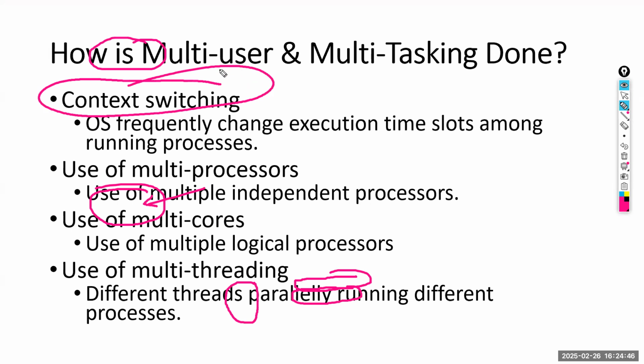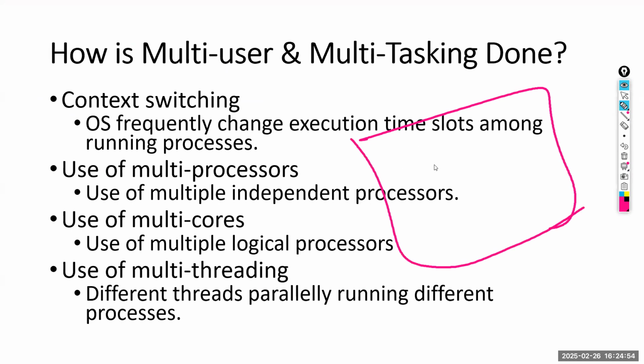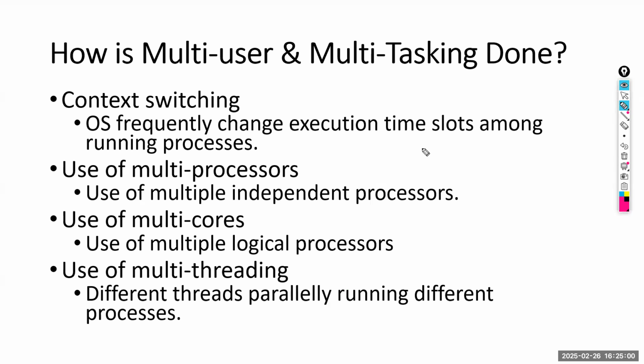So context switching is still used, even though you have so many cores. In exam papers, to make your life easy, most of the time the examiner will say it's a single processor computer, so then you don't need to think about any other complications. But even though it is not a single processor, you can forget about other things and just concentrate on context switching.